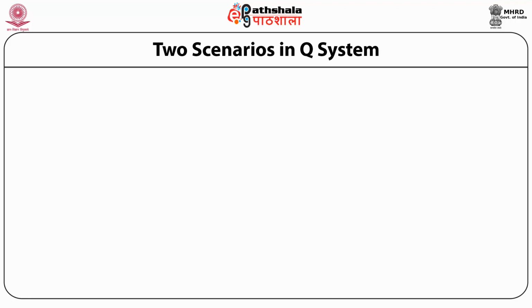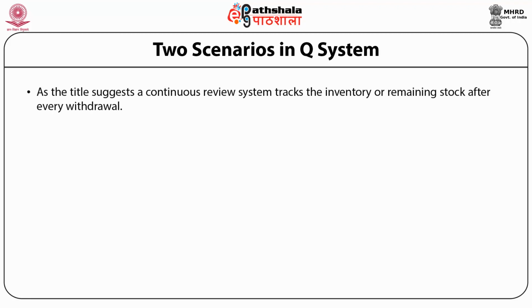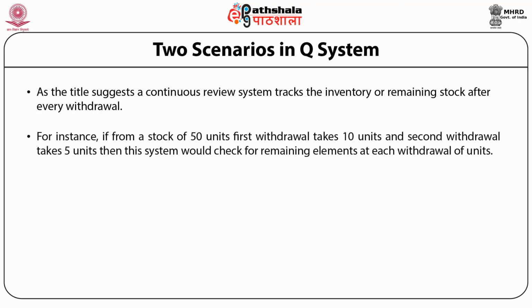Two scenarios in the Q system. As the title suggests, a continuous review system tracks the inventory or remaining stock after every withdrawal. For instance, if from a stock of 50 units, the first withdrawal takes 10 units and the second withdrawal takes 5 units, then this system would check the remaining elements at each withdrawal of units.